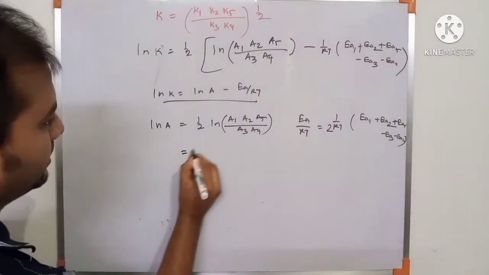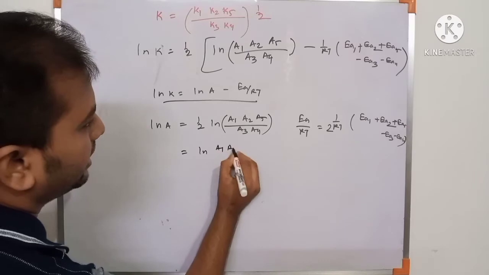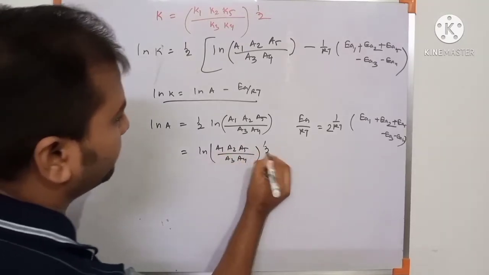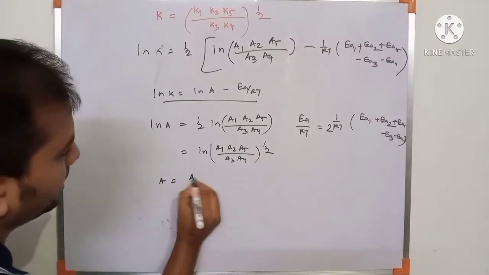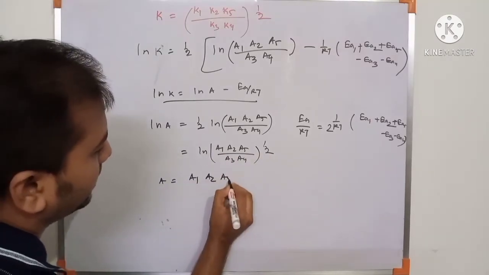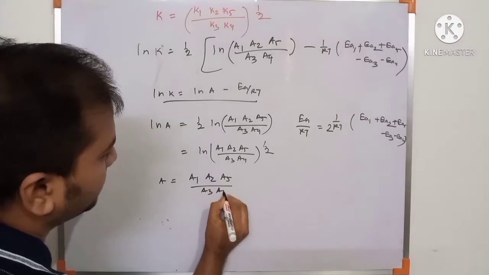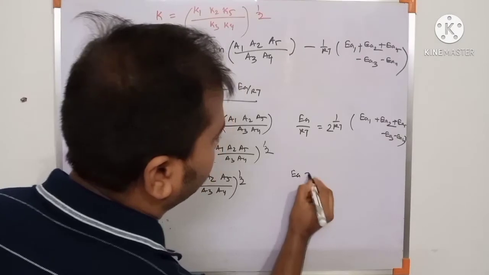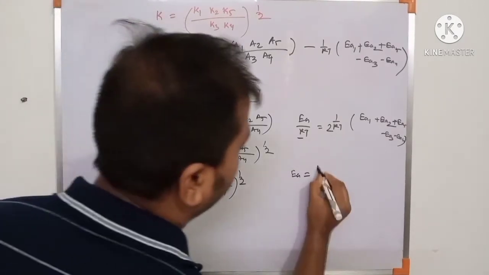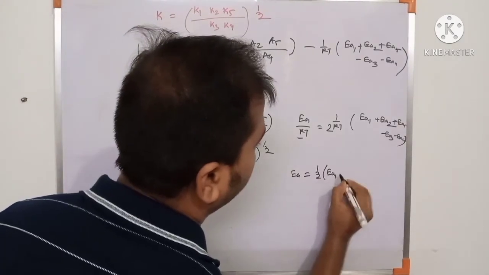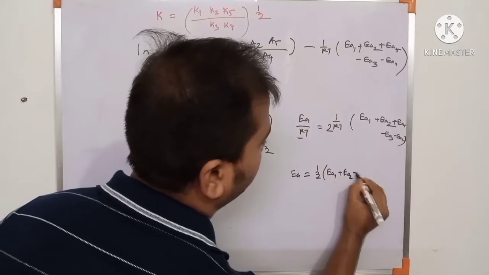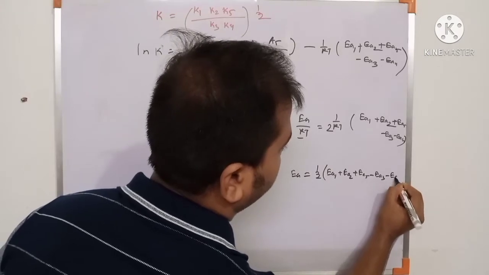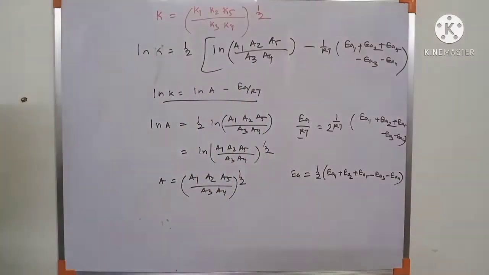So ln A equal to ln of A1, A2, A5 by A3, A4 whole to the power half, and A equal to A1, A2, A5 by A3, A4 whole to the power half, and Ea equal to, RT cancels, half into Ea1 plus Ea2 plus Ea5 minus Ea3 minus Ea4. This is the equation.